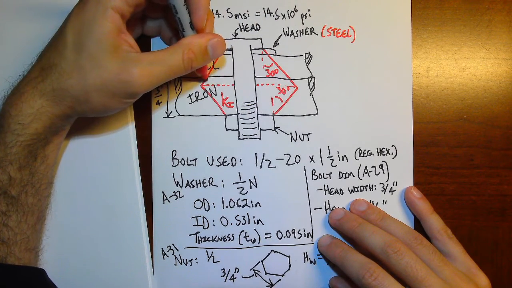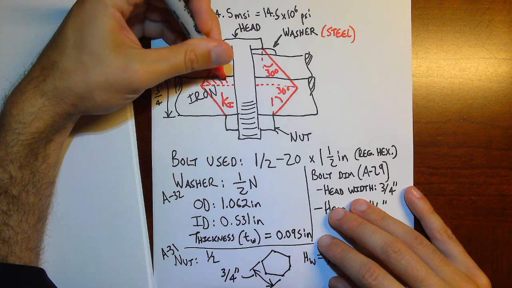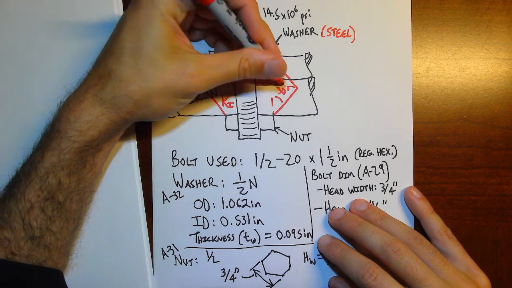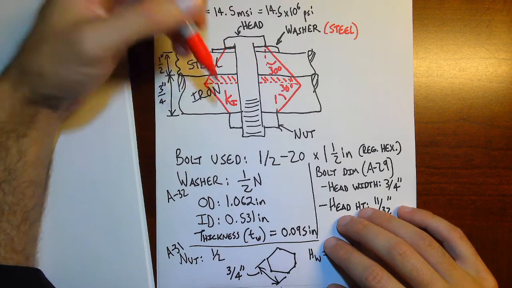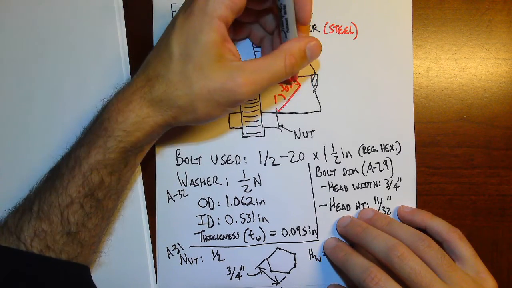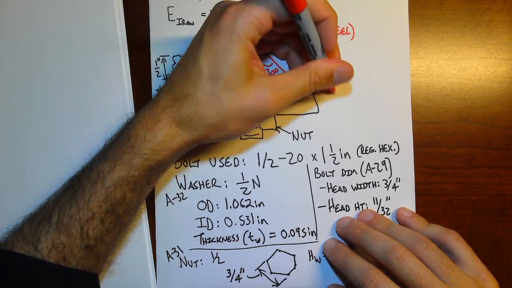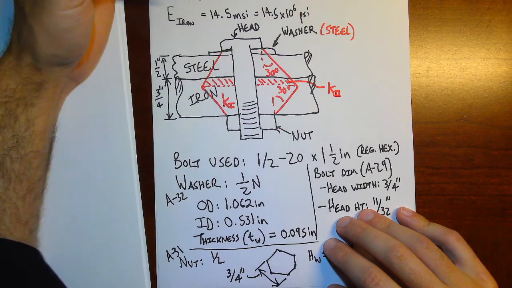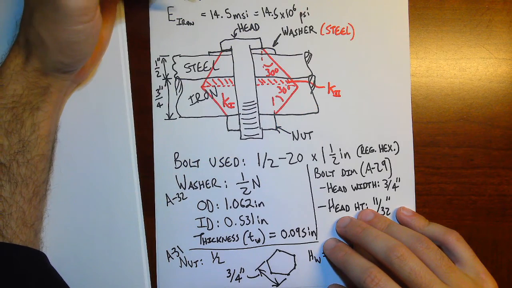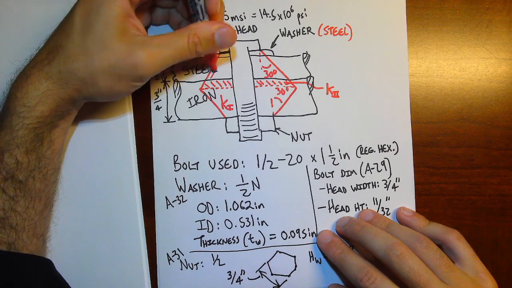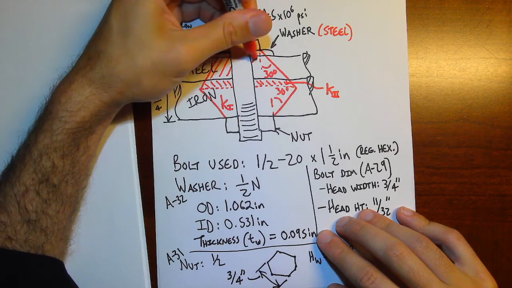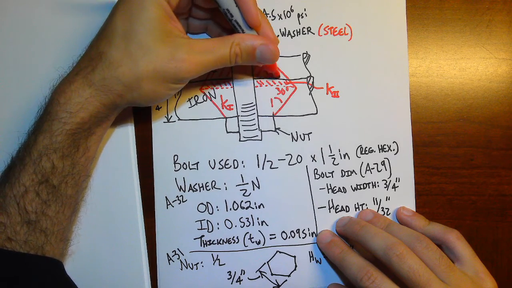And then I'm also going to have to compute the stiffness of this bit here, not because the direction of the cone changes this time, though. It's because the material is going to change as soon as I leave the iron. So that's going to be another stiffness I'm going to have to compute. Call that K2. Then I can compute the stiffness of this steel region here.